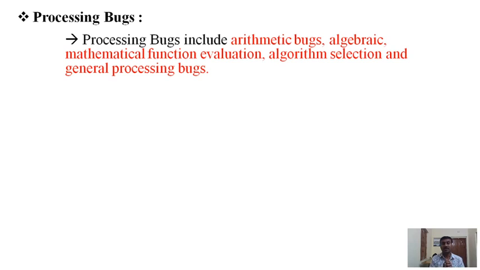Some of the bugs included are arithmetic bugs, if you make any arithmetic mistakes, algebraic bugs, and mathematical function evaluation bugs. If you do not select the proper algorithm, then processing bugs arise.